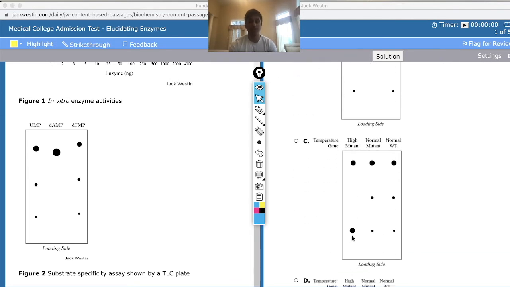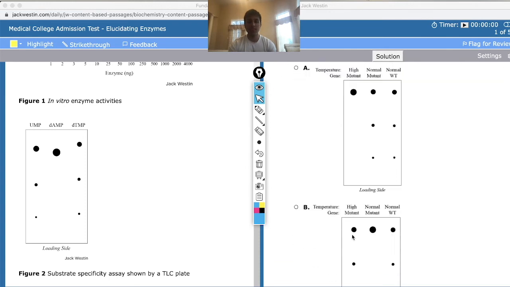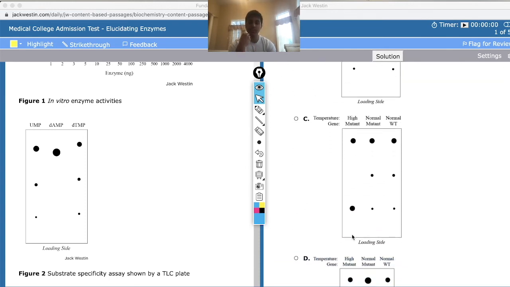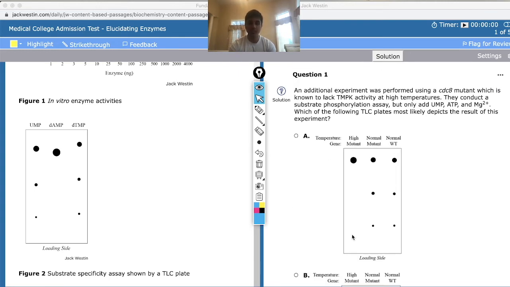C does have triphosphate. Well, C has to be wrong because if there are no diphosphates to phosphorylate, how do we get a triphosphate? A triphosphate comes from phosphorylating a diphosphate. So if you have no diphosphate, you cannot have any triphosphate. So A is the correct answer.